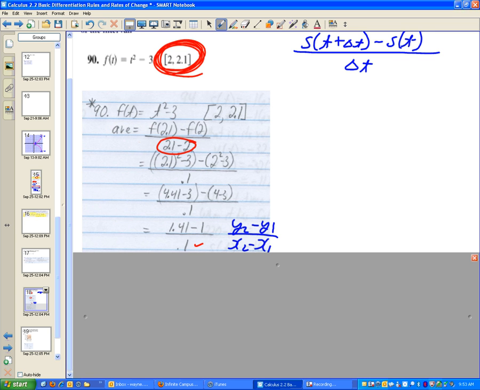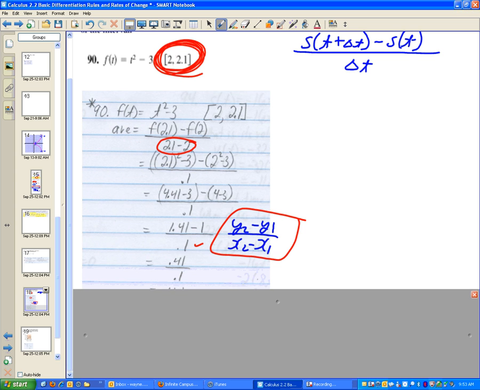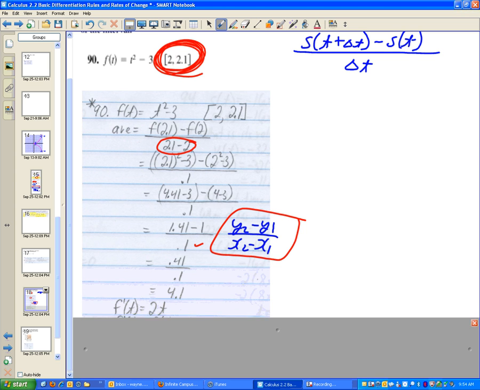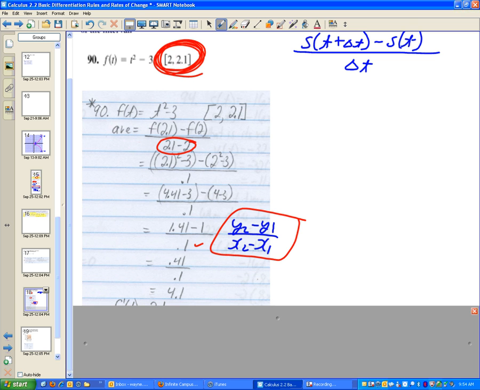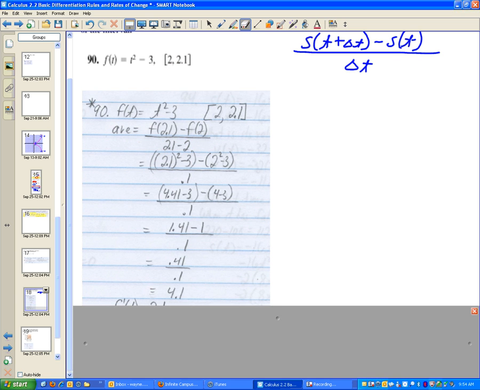So it took us a few steps, but all we've done is arrive right here. With me? I know, you just finished doing the math. So 1.41 minus 1 is 0.41, and then 0.41 divided by 0.1 is 4.1. We found the average rate of change.